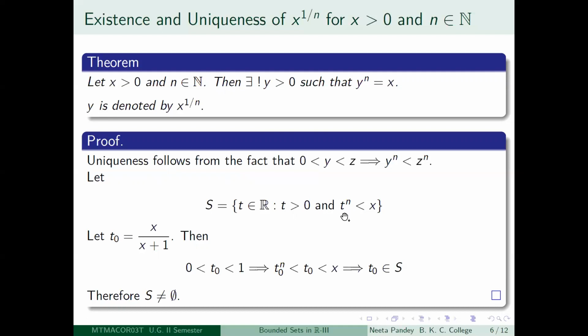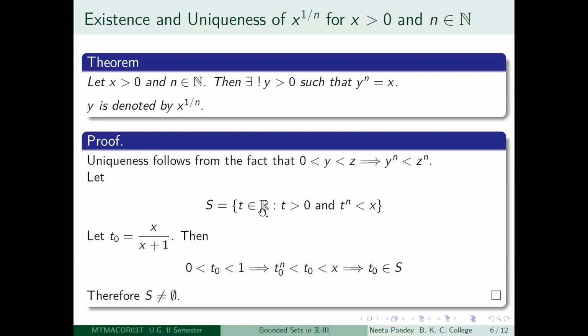Say some w: if w is greater than t, then t to the power n is less than w to the power n. So this function is increasing in a sense. That is what we have written, and you are bounding it by x. So wherever the supremum arises, that is going to be equal to x.